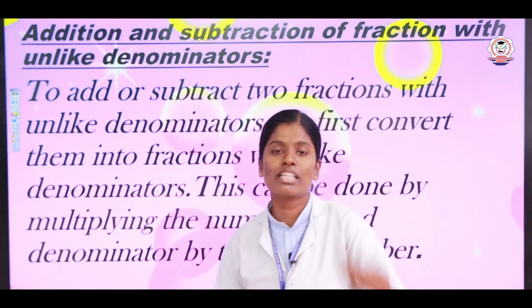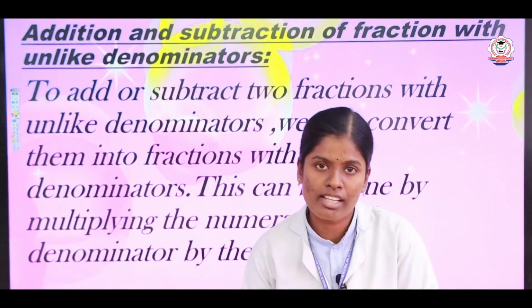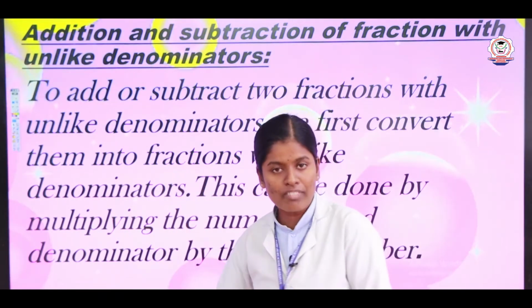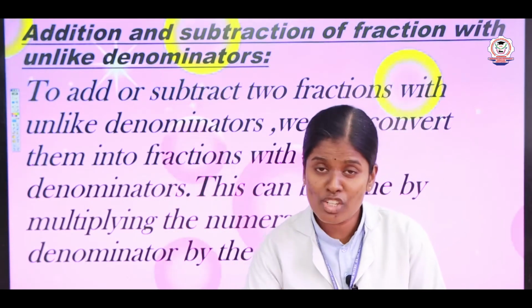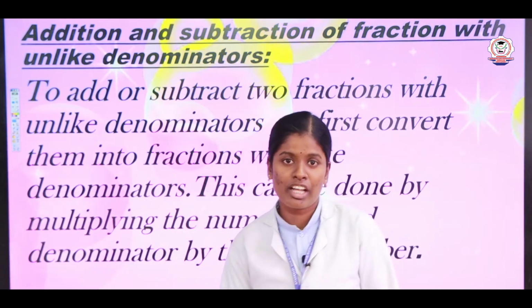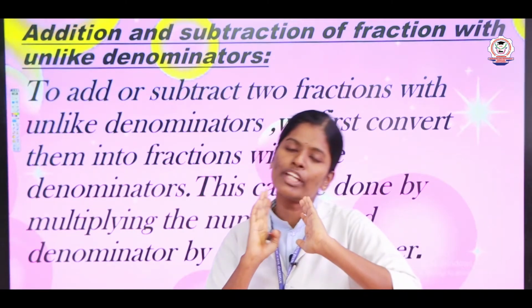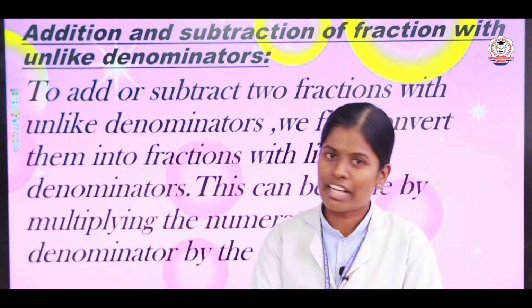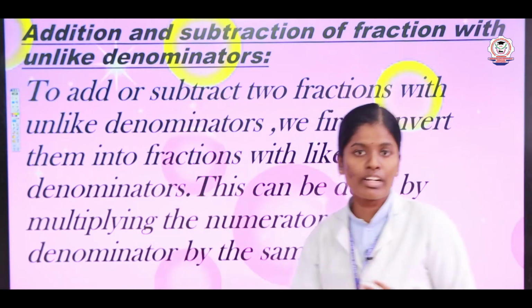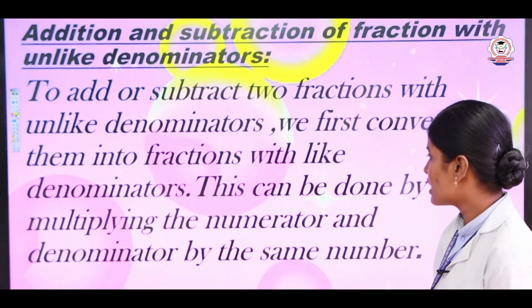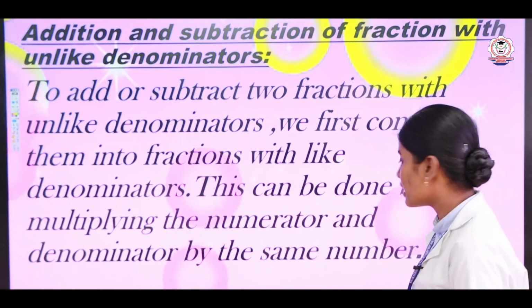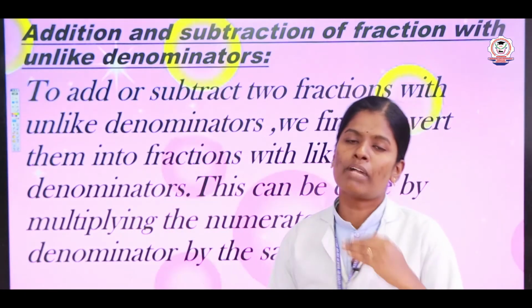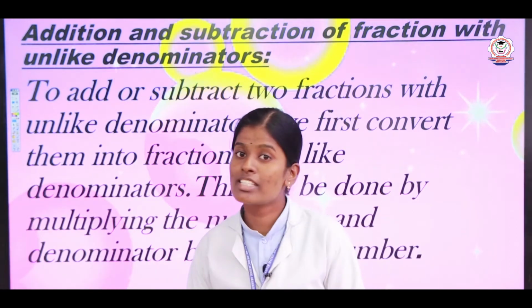Like fractions means the fractions with the same denominators, like 1 by 5, 2 by 5, 3 by 5 and 4 by 5. So these are all called like fractions. So the first step is to convert into like fractions, so that they are given like denominators. This can be done by multiplying the numerator and denominator by the same number.